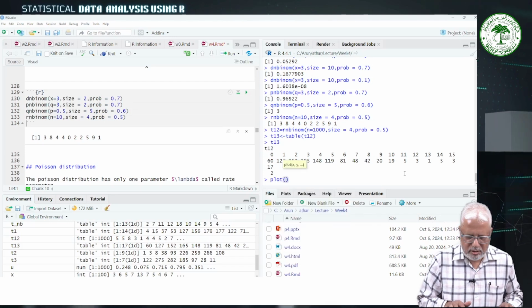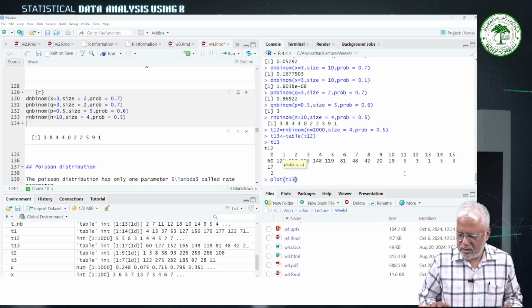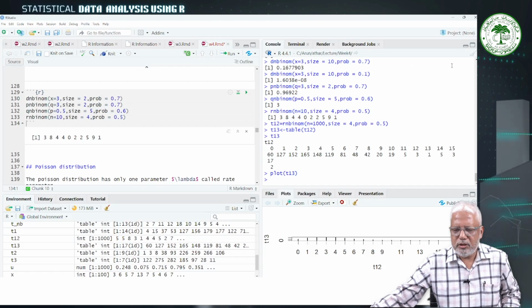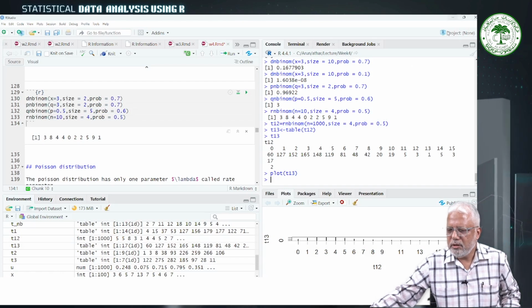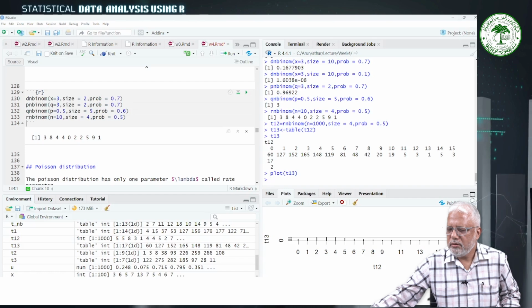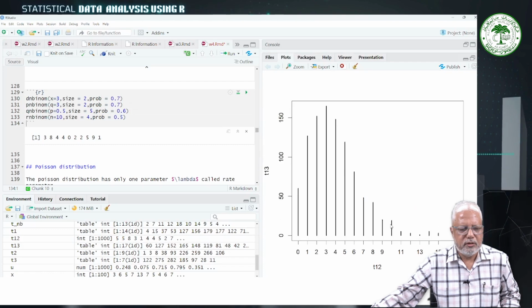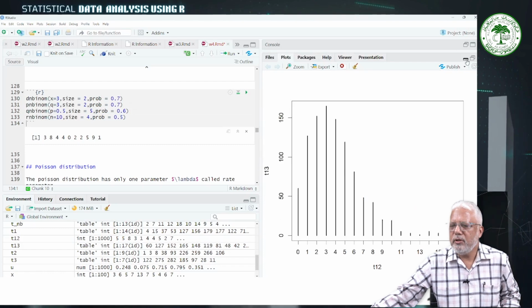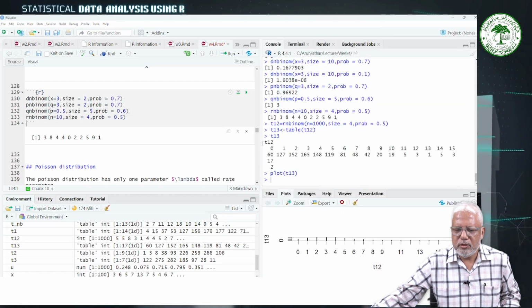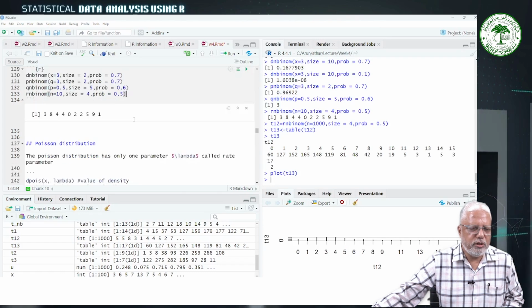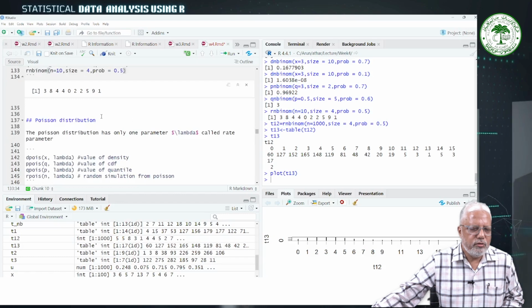Then plot T13. See what the distribution is. Here, it is right skewed. So this way we can look into the different shapes of the distribution. So this is with the negative binomial distribution.